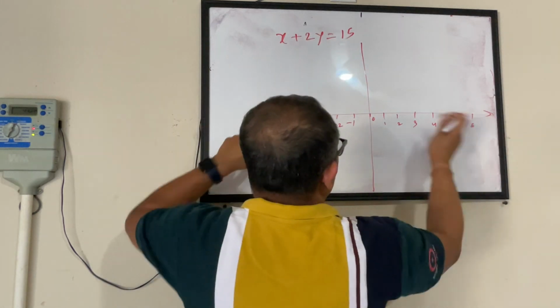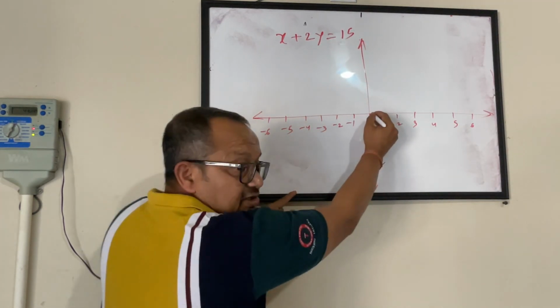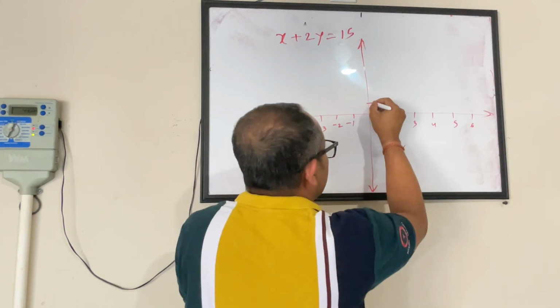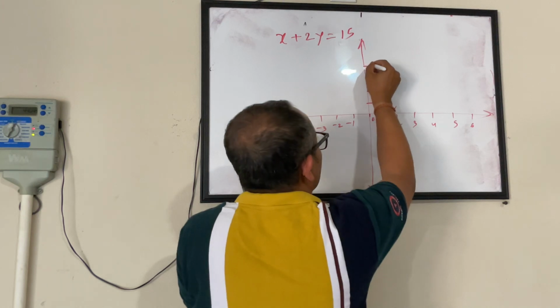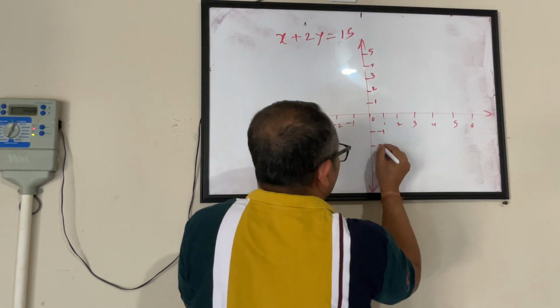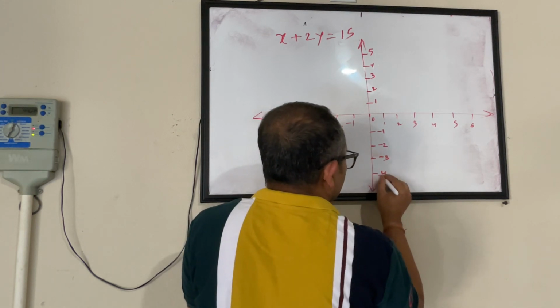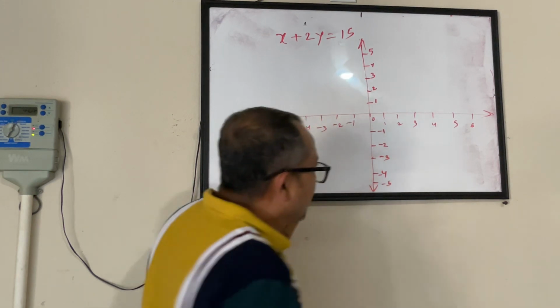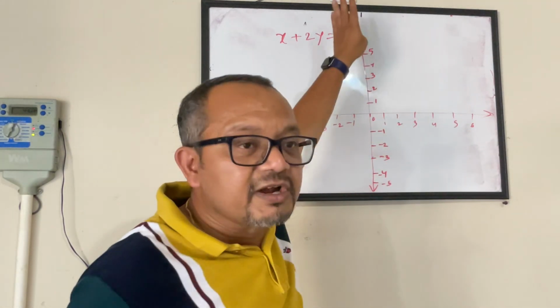So these are two number lines perpendicular to each other and meeting at 0, the center. Okay? So here 1, 2, 3, 4, 5, minus 1, minus 2, minus 3, minus 4, minus 5. I'll just draw up to 5 so that we can see. This is how a graph looks.